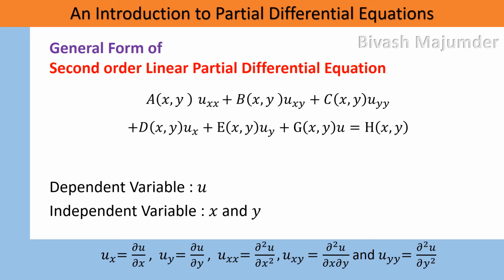The coefficients of uxx, uxy and uyy, that is a, b and c, are functions of the independent variables x and y, and the coefficients of ux and uy, that is d and e, are functions of x and y, and the coefficient of u, that is g, is a function of x and y, and h is a function of x and y only.